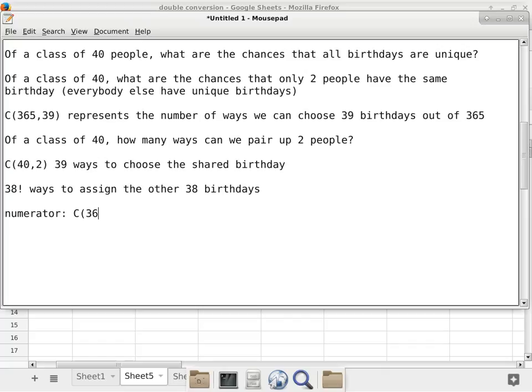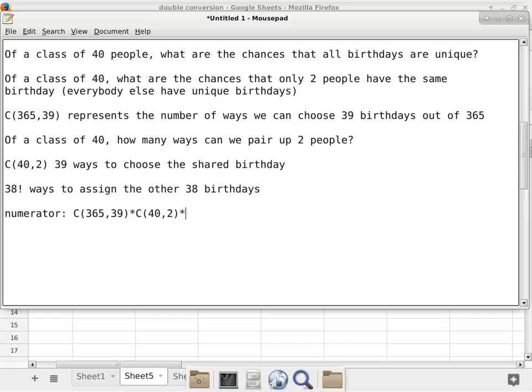The combination of 365 choosing 39. This is how we choose which 39 days out of a whole year to begin with. Out of those 39 days, we have this many ways to choose which 2 people in the class would share exactly the same birthday.